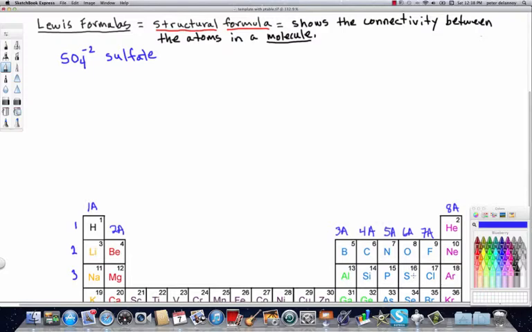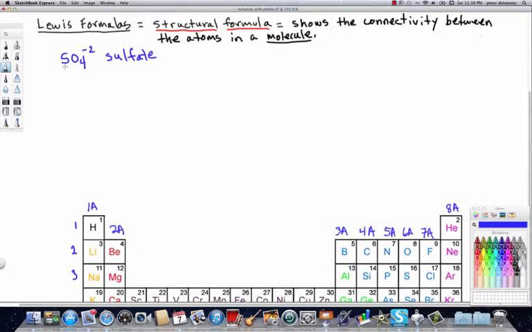It has empty d orbitals available to it, so that when it forms covalent bonds with another molecule, sulfur is one of the special cases that can actually expand. We call it expanding its octet. So it can have more electrons around it than 8.